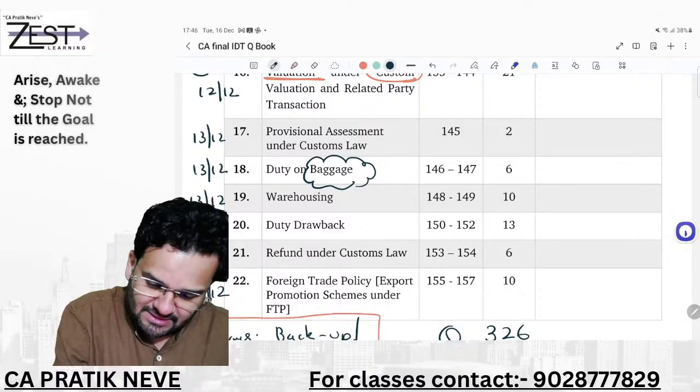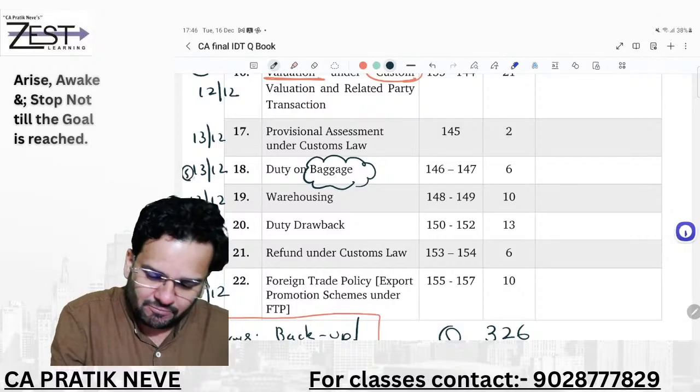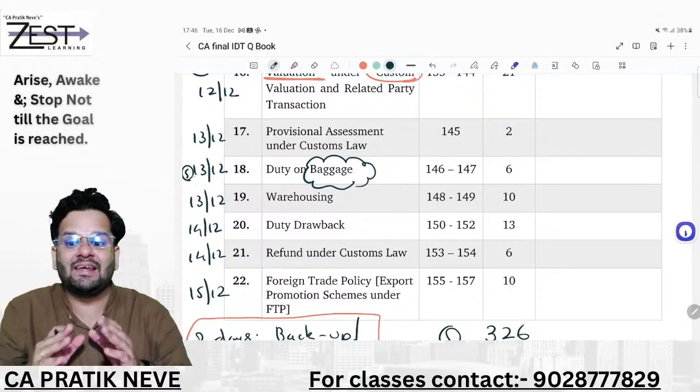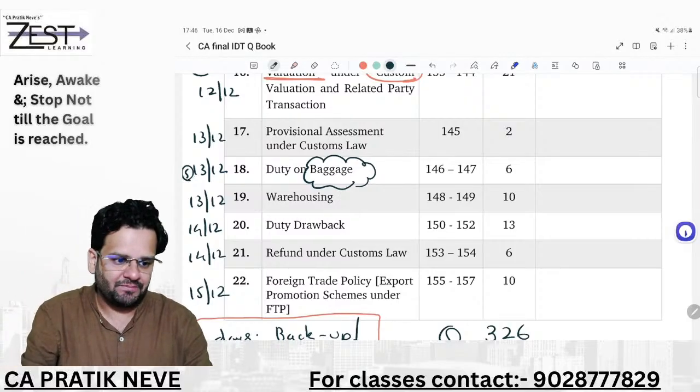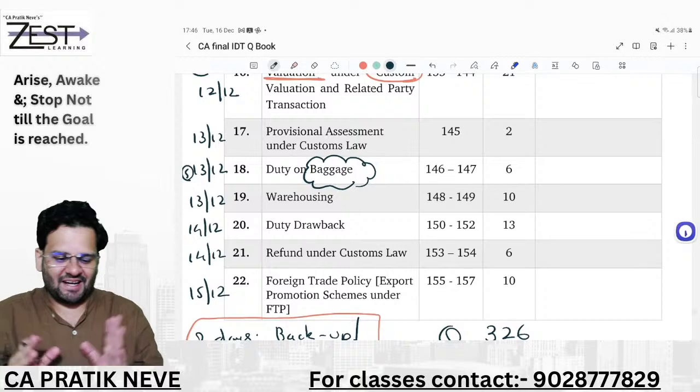So about 70 marks weightage we would have covered in these 11 sessions. Now let's start with baggage.